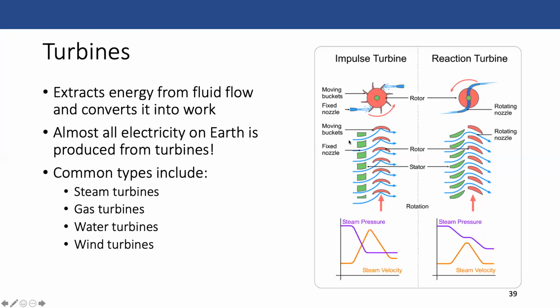The air is in blue, and it moves through these fixed green nozzles and gets shot in this trajectory. Then it hits this red curved portion, which is able to rotate, and so these will move in this direction. We'll see a picture of a turbine in just a second.